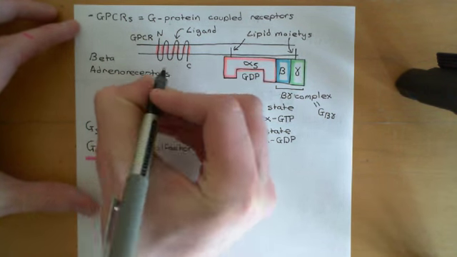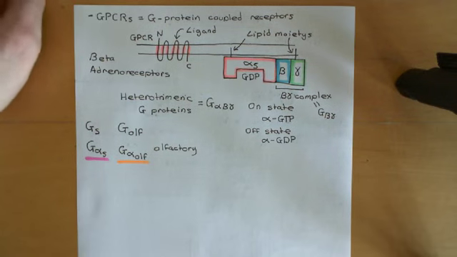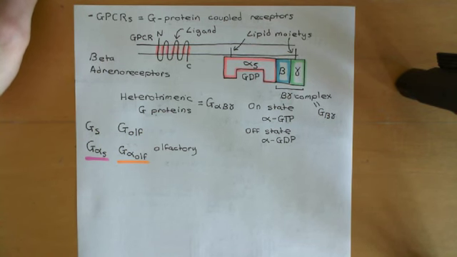Okay, and we will be discussing these a lot more later on when we come to discuss some classical GS pathways, and we'll look at how epinephrine or adrenaline can stimulate glycogenolysis in hepatocytes and skeletal muscle cells, and also lipolysis in adipocytes.